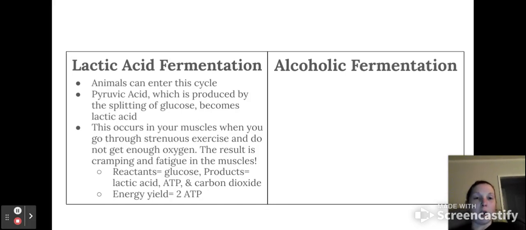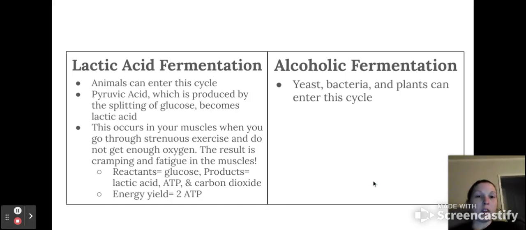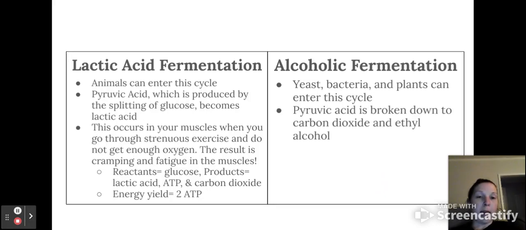The other one is alcoholic fermentation. So yeast, bacteria, and plants will enter this cycle. Humans and animals do not. The pyruvic acid is broken down into carbon dioxide and ethyl alcohol. The reactant here is glucose, so that does obviously have to be present to go through glycolysis.